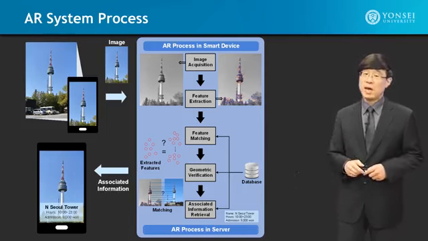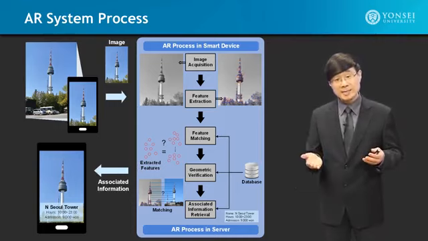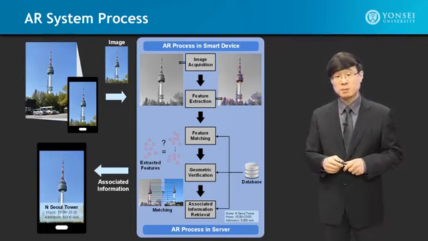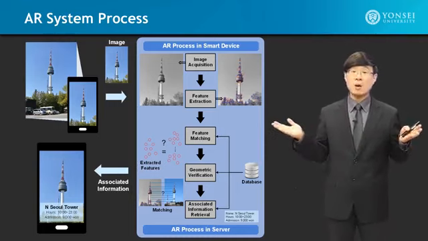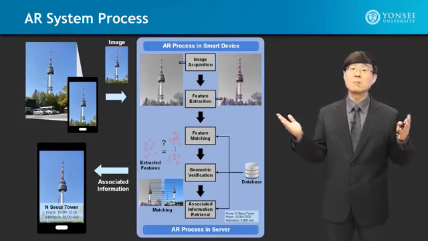In addition, you have to think of it like this. What are you going to view on your smartphone or on your glasses or on your head-mounted display? What are you going to view? The variety of objects that can come into your vision view are so diverse. Actually, it's unlimited.